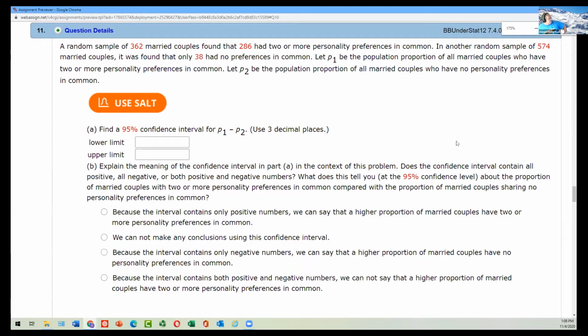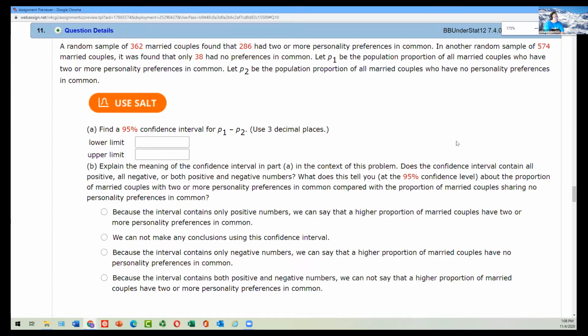A random sample of 362 married couples found that 286 had 2 or more personality preferences in common. And then in another random sample of 574 married couples, they found that only 38 had no preferences in common.